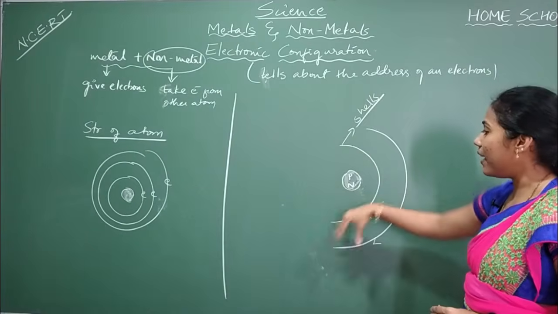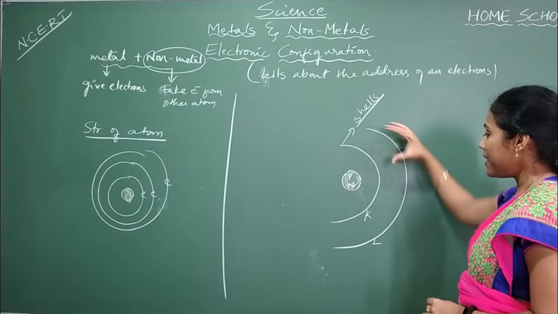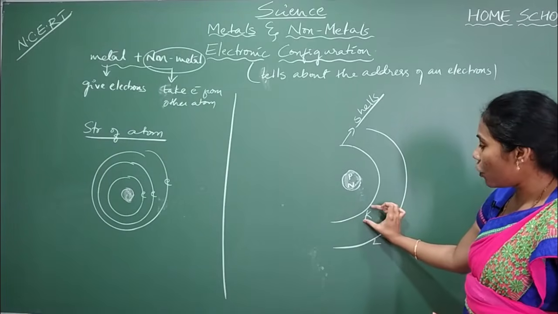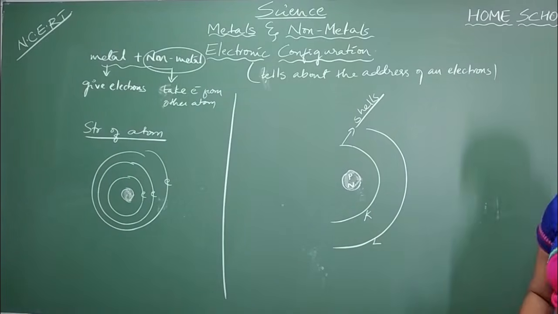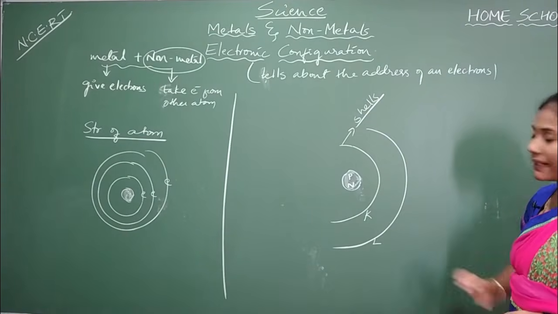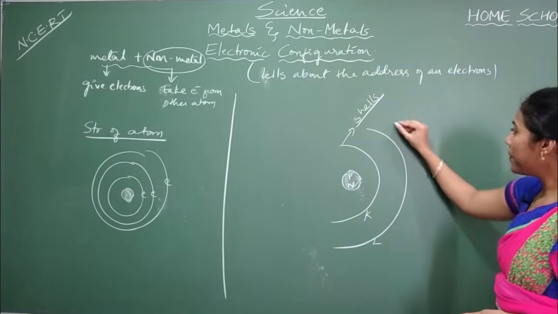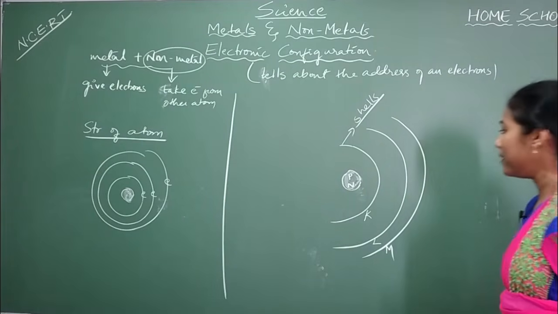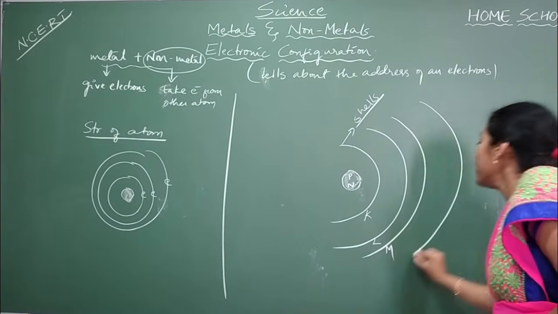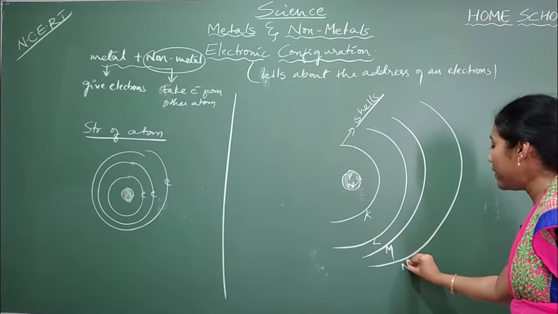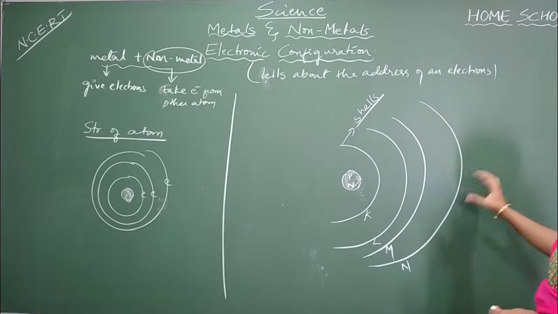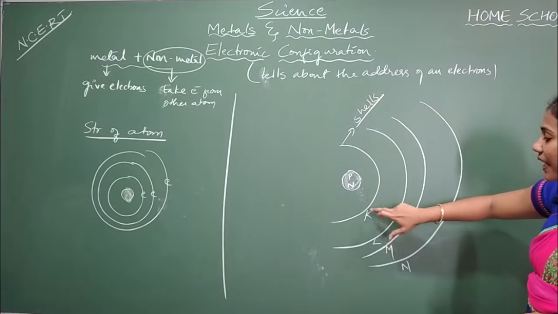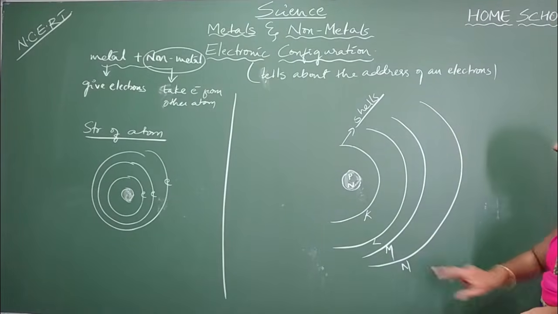I am not drawing a complete circle here, just half a circle I am showing you. The third one is M shell, and the fourth one is N shell. Like that, so many shells are there, but for your level, just try to remember K shell, L shell, M shell, and N shell.